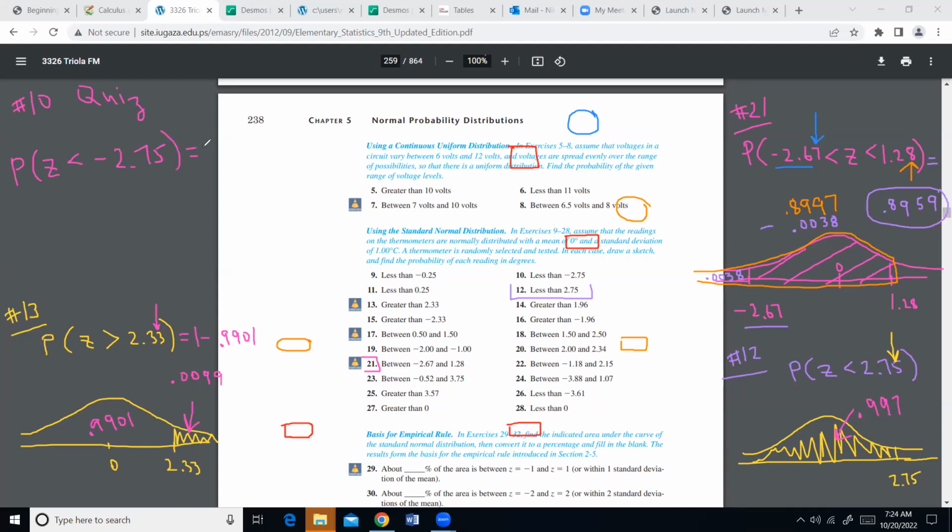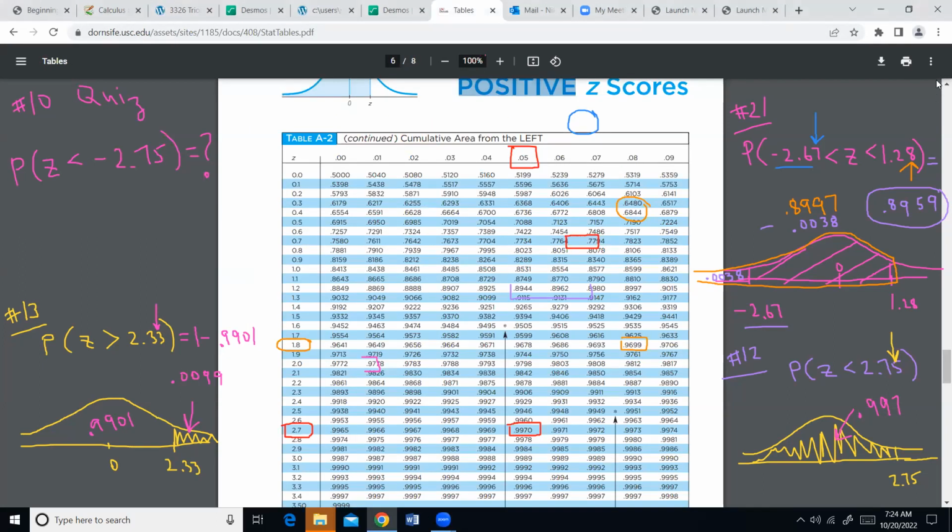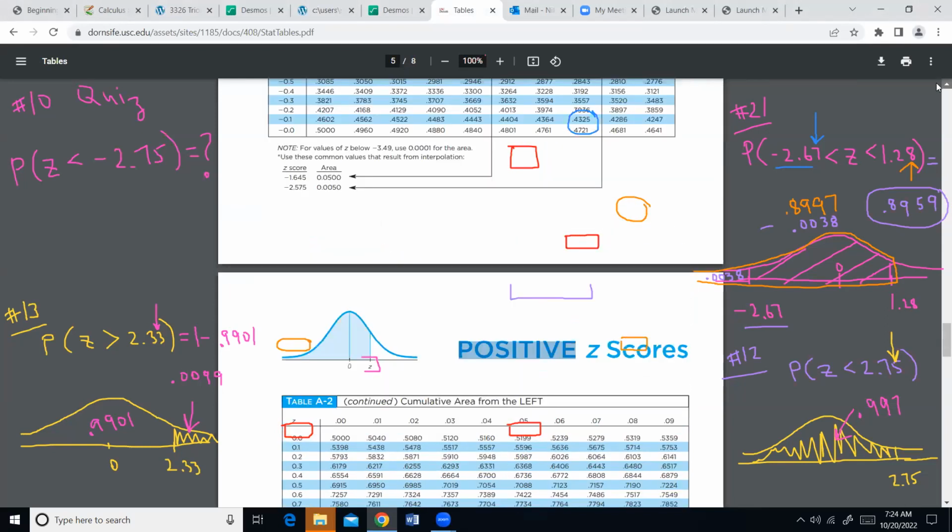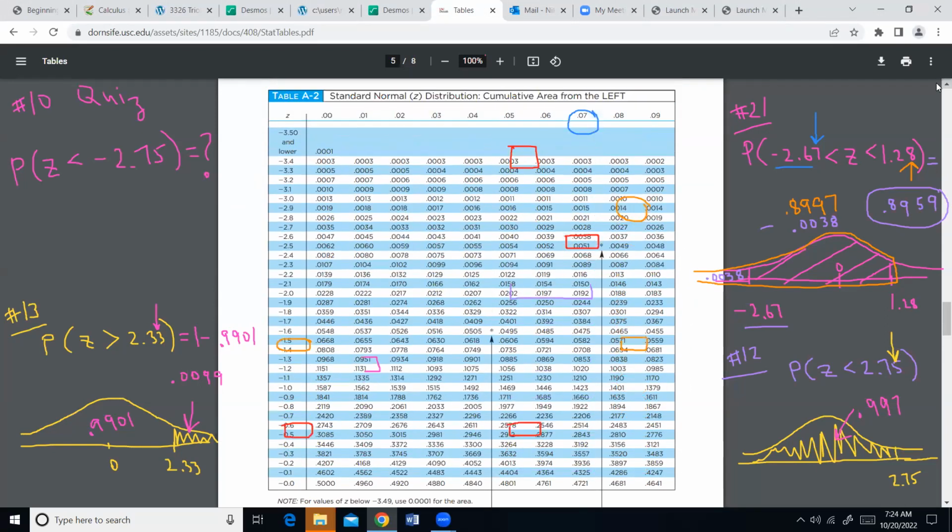And I'll open a table for you so you can use this table. So I need negative table now. So I put this negative table open for you. So try to locate the area that corresponds to this negative 2.75 here in the tables. And as usual, just put the answer for me in the Zoom chat.